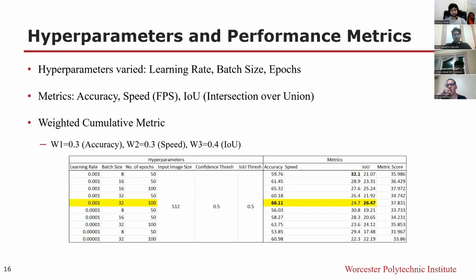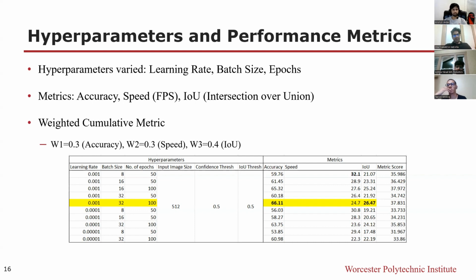Regarding the metrics, we decided to go with three important ones: accuracy, speed, that is in FPS or frames per second, and IOU, that is intersection over union. To select the best hyperparameters, we used a weighted cumulative metric, which combined the scores of these three individual metrics based on our requirements from the network.